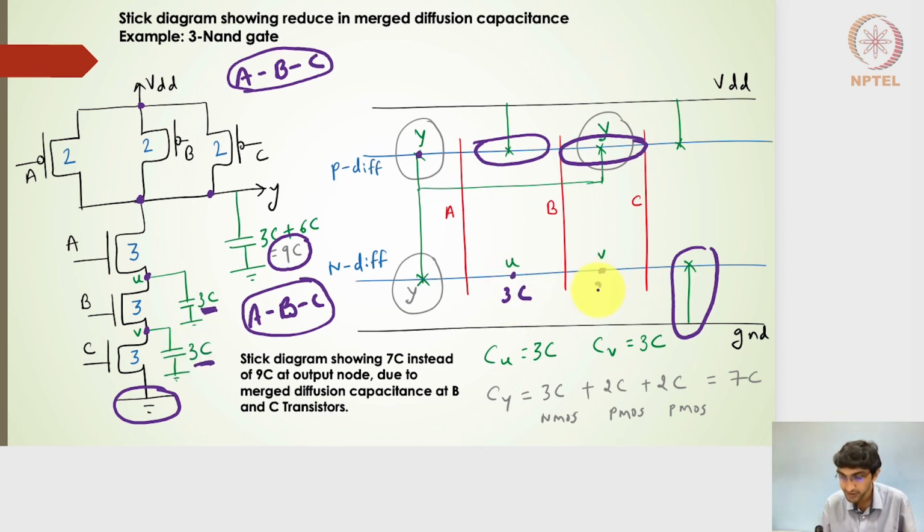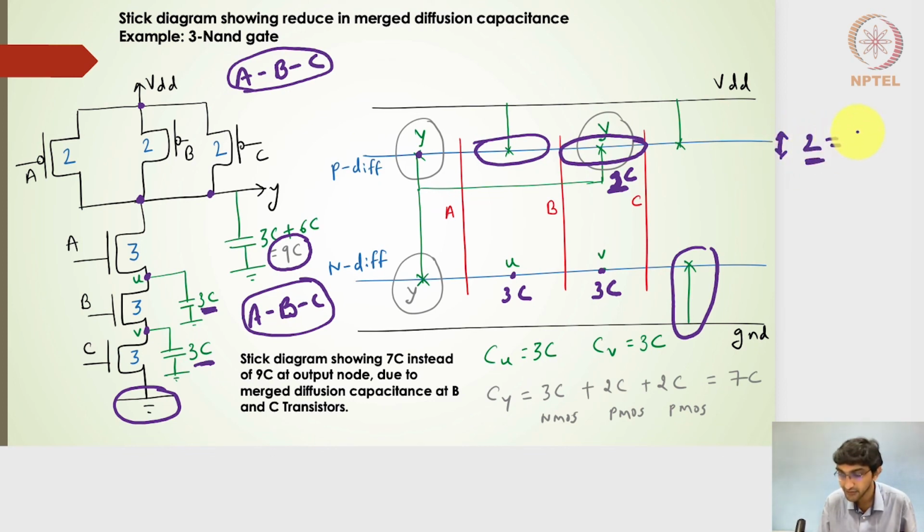The V point also, being a merged diffusion, gives a capacitance of 3C. On the pull-up side, the B and C transistors have a merged contacted diffusion, so the diffusion is actually single. This point is going to give me a capacitance of 2C, because the width here is 2.